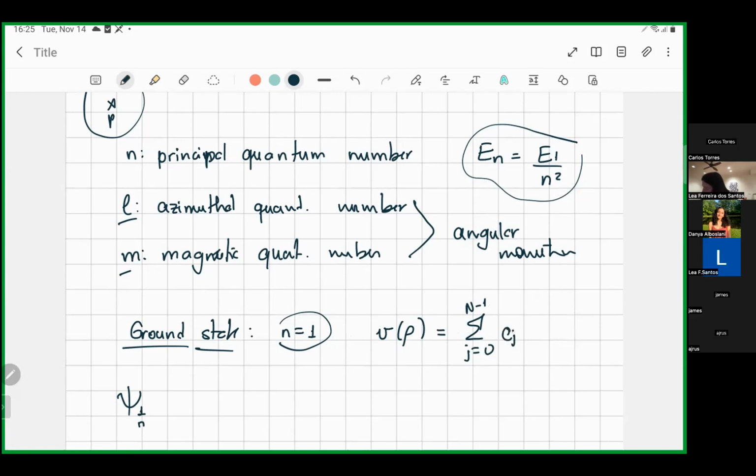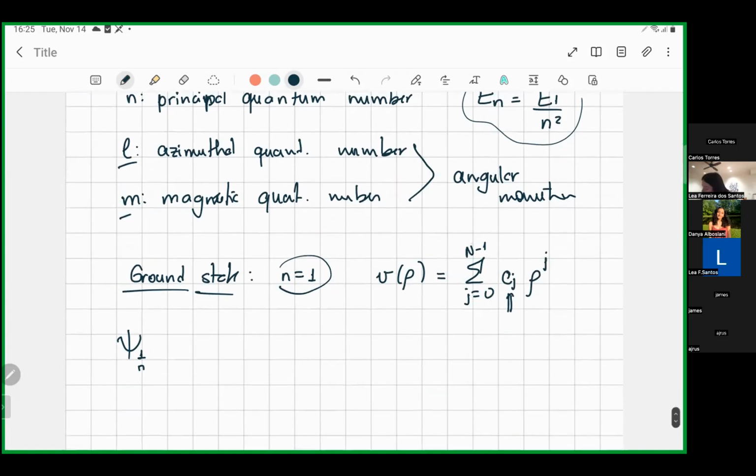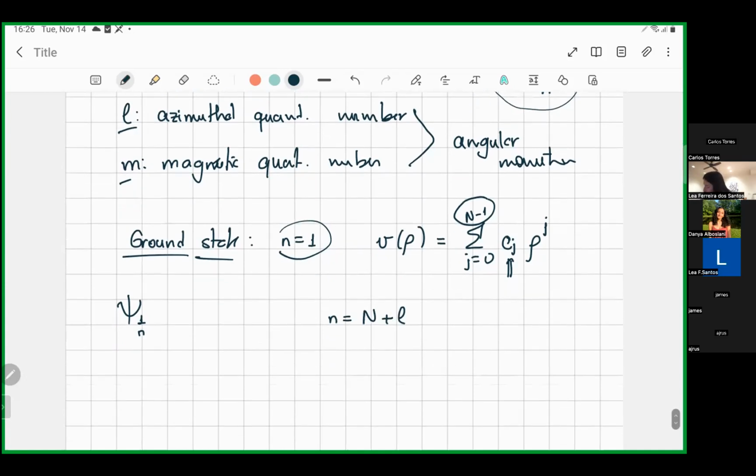Here we have some constants, and we have the equations to find these constants and rho to the j. Okay, so this truncation will tell us how we are going to find that little L. Remember, the definition is that little n is big N plus L.